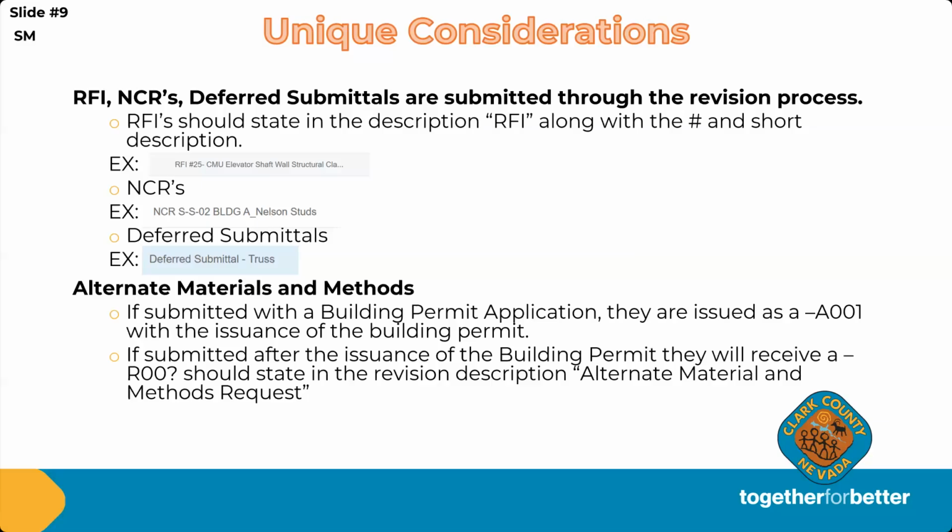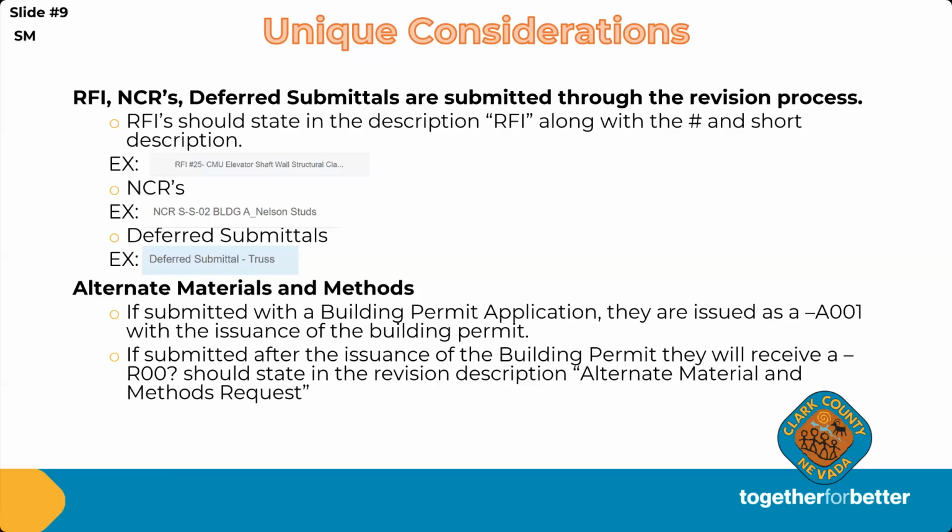Another unique type of revision that we have are for our alternate materials and methods requests. Sometimes alternate materials and method requests are submitted with the application of a building permit, and they're reviewed with it. And in that time, once the permit is issued, it will get issued with a -A. Usually, since it's getting issued with the permit, it's -A001.